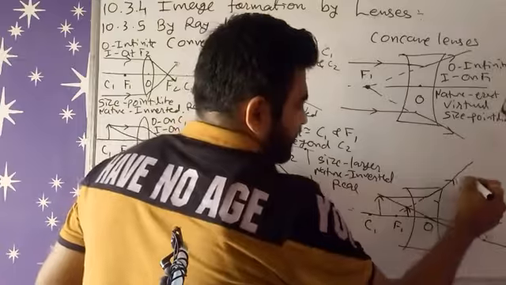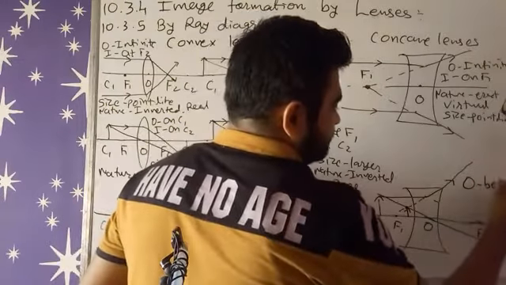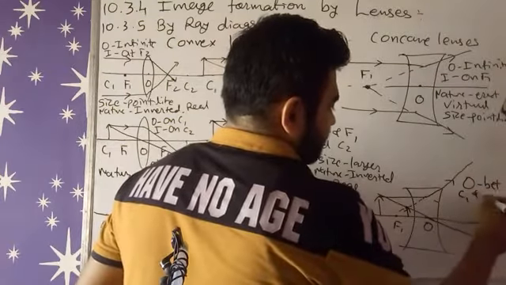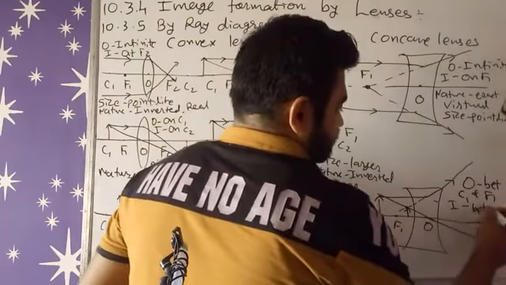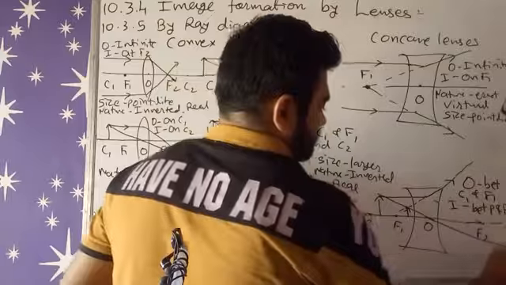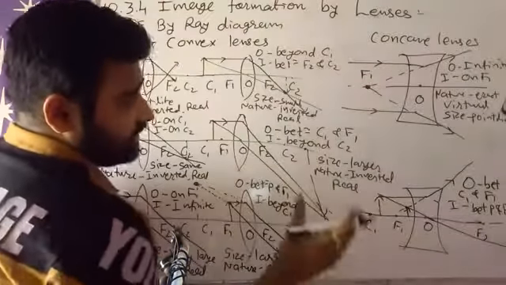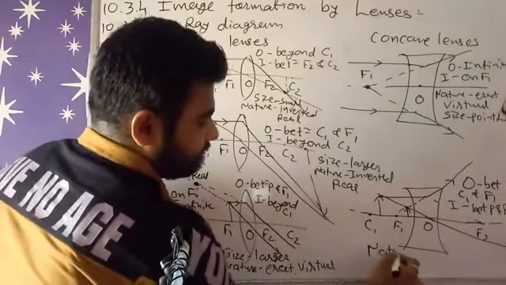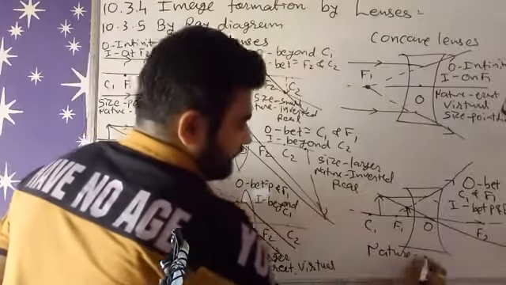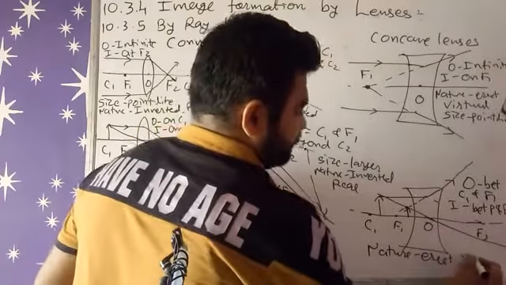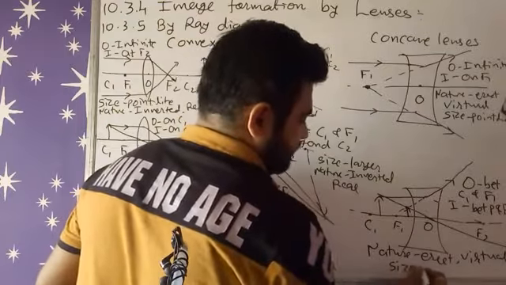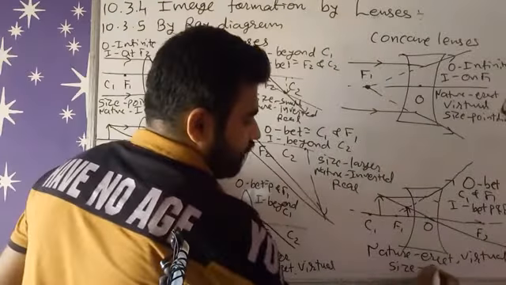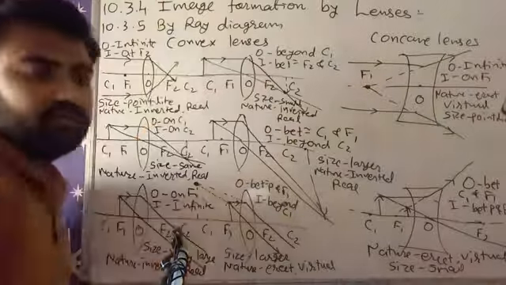So the object is between C1 and F1, and the image is between P and F1. The nature is erect and virtual, and the size is small.